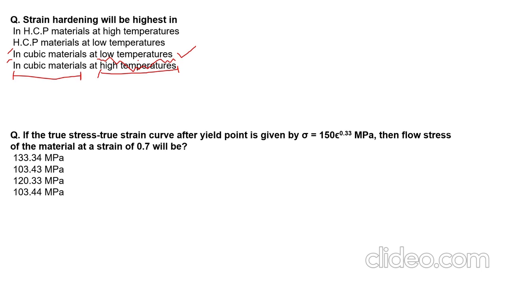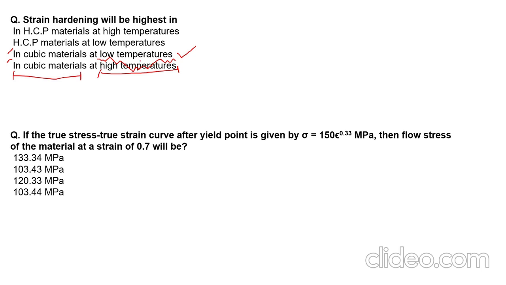Okay. Yes. Okay. So we have another question that says, if the true stress-strain curve after the yield point is given by sigma is equal to 150 epsilon raised to power 0.33, then the flow stress of the material at a strain of 0.7 will be, so you have to calculate the flow stress.